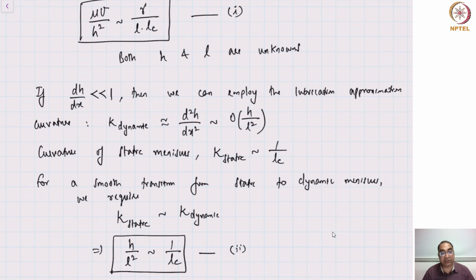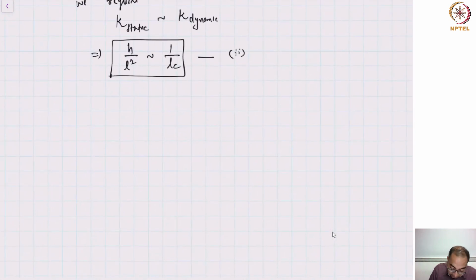This is my second relation. So now I have two relations here. Mu u by h square goes like gamma by L times LC, and the second relation is h by L square goes like 1 by LC.